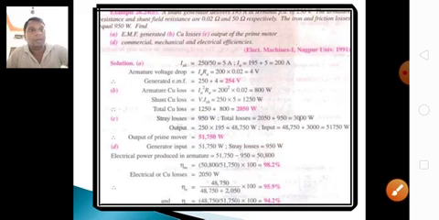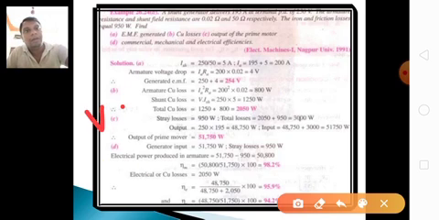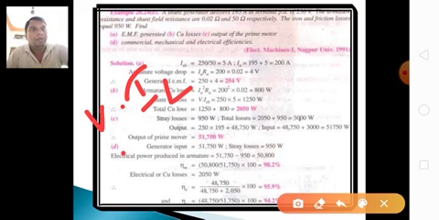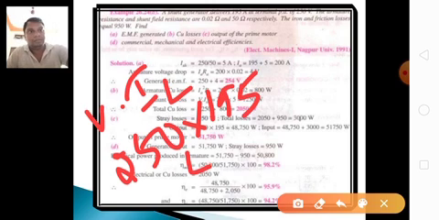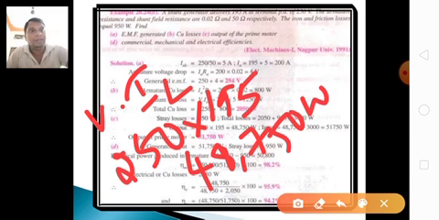V is given, 250, into what is the load current IL? The DC shunt generator delivers 195. So 48,750 watts. This is the total output.